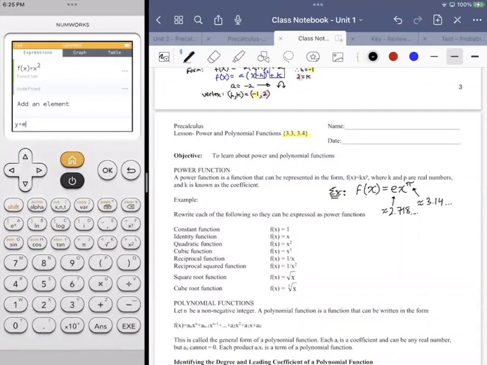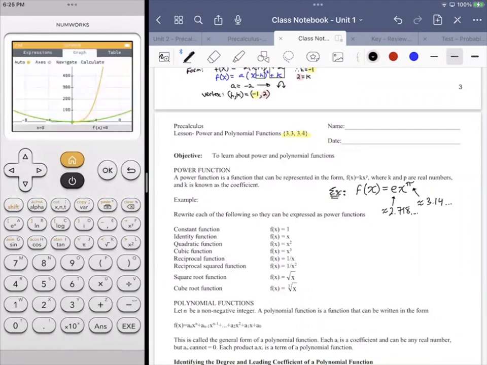I'm not in love with that, but it's fine. Raised to the pi power. Lock it in. Graph. All right, the green one was the parabola. This funky orange one is the e x to the pi power. All right, I can go back and turn one off.